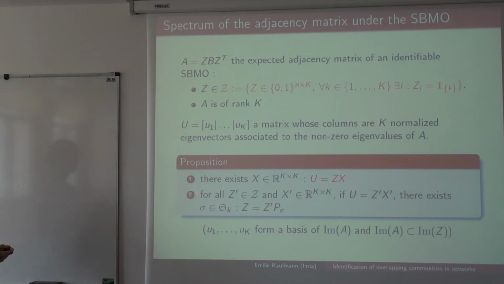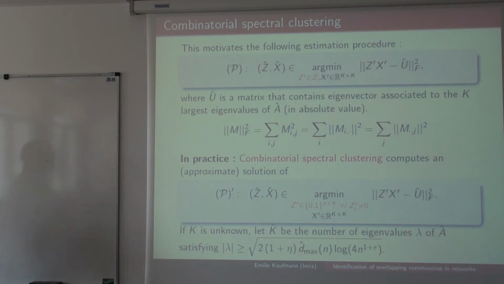So this was already used in the proof of identifiability. And it is actually quite simple to prove. So in fact, any decomposition of this form will make appear the matrix Z, which is of interest. And this motivates the following estimation procedure. So we don't have access to the matrix U. So as before, we will take its empirical version, so the matrix of leading eigenvectors of the observed adjacency matrix.